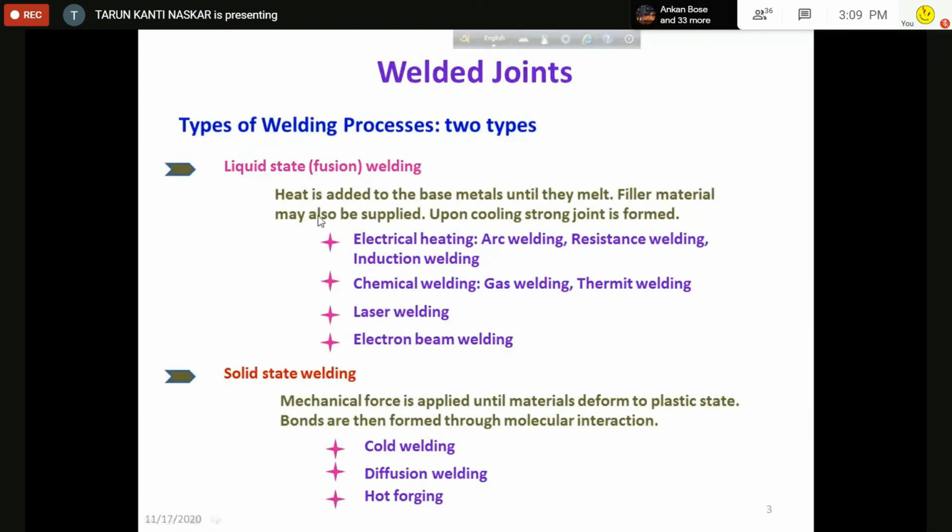And the methods of giving heat are these, and here it is cold and no heat is given. But for hot forging some heat is given. The difference between this and hot forging is that here some material is added, but for hot forging no material is added from outside.